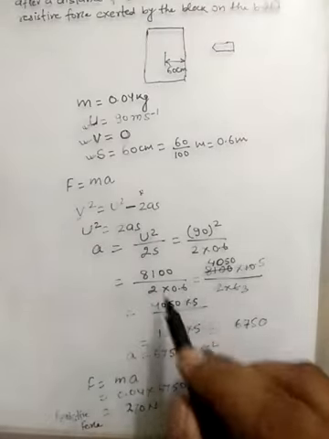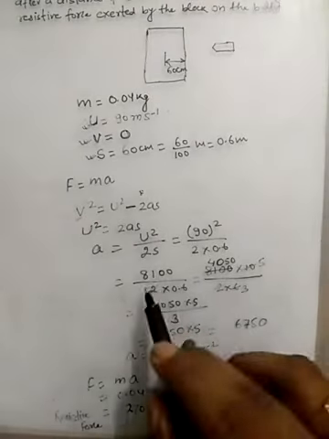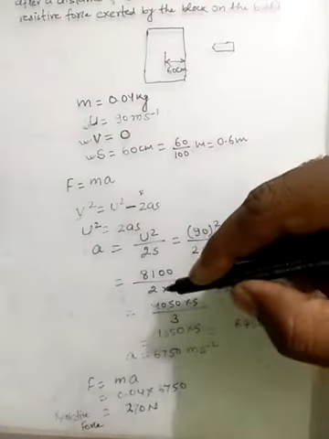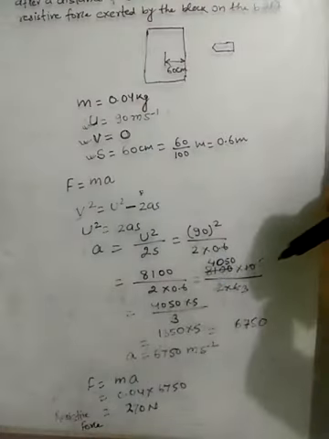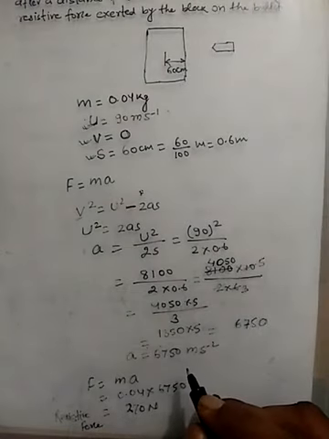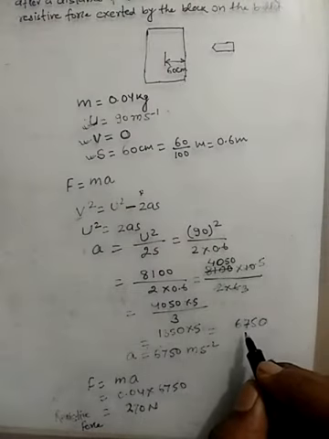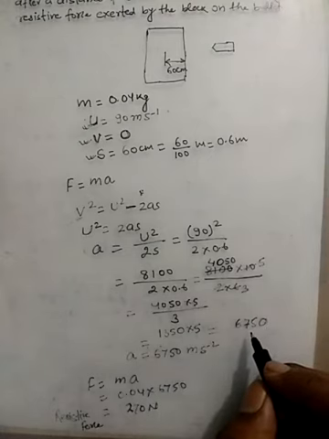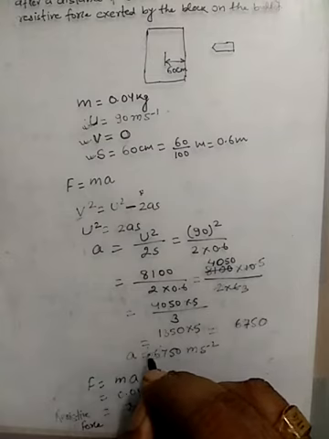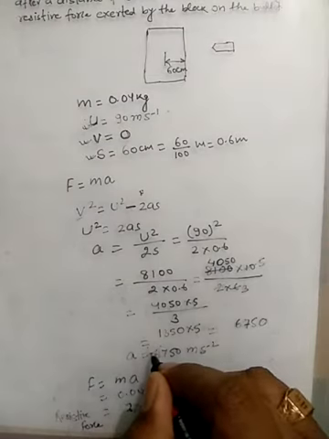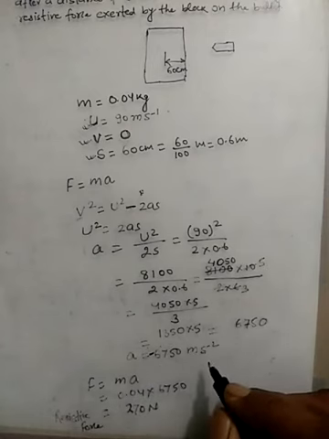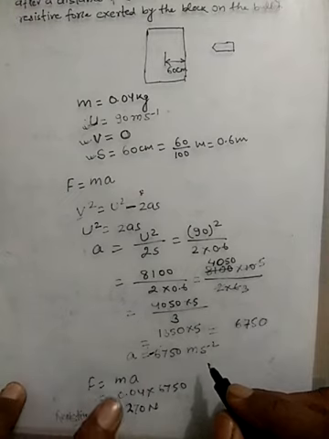Now we have to solve this: 8100 upon 2 into 0.6, and finally we get that it is equal to 6750, and it is the value of deceleration. Actually we can write deceleration as negative, then deceleration will be equal to minus 6750 meter per second square, and the average resistive force will be equal to mass into acceleration.